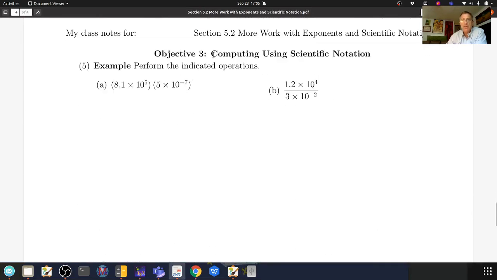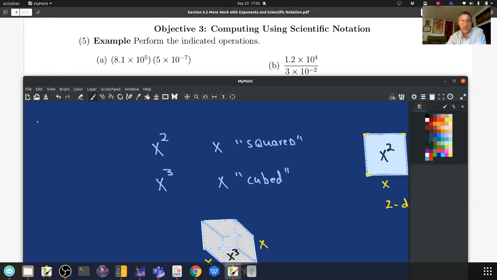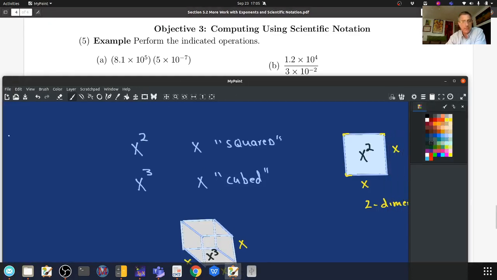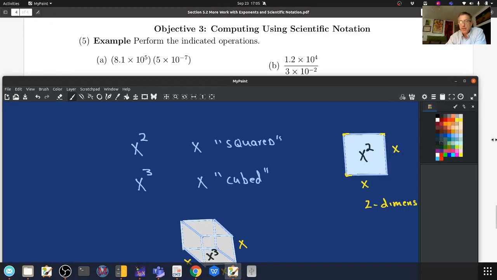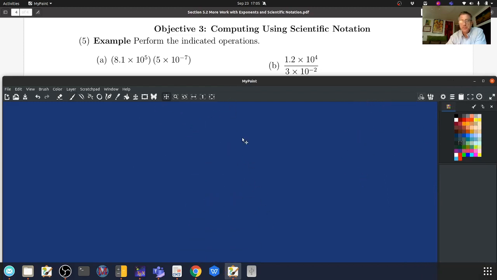So computing with scientific notation. So this is really kind of nifty here. This is a great application of what we've been doing, and a great simplification. So we have two numbers in scientific notation. This is 5a.